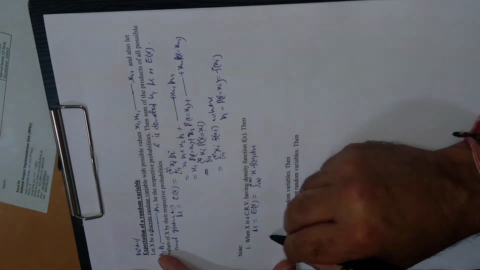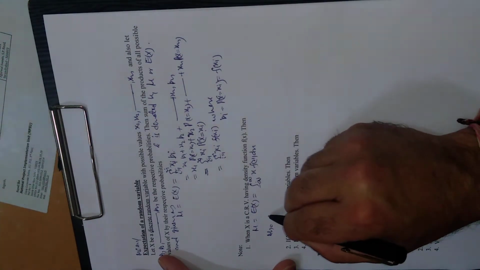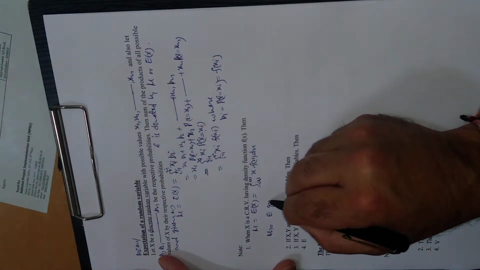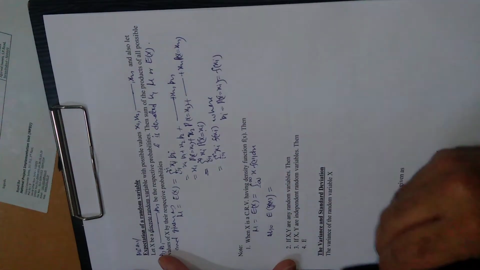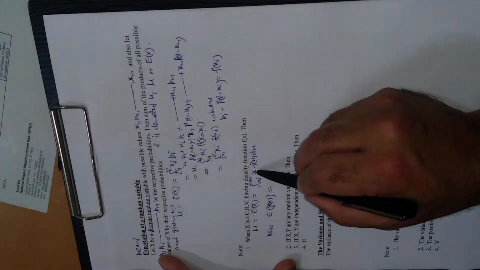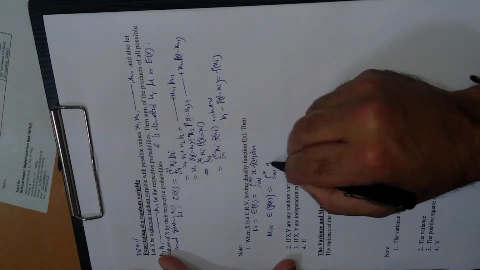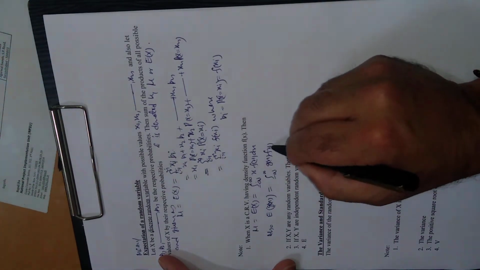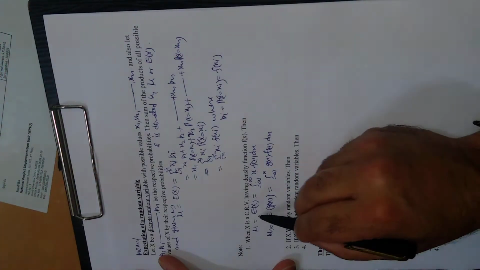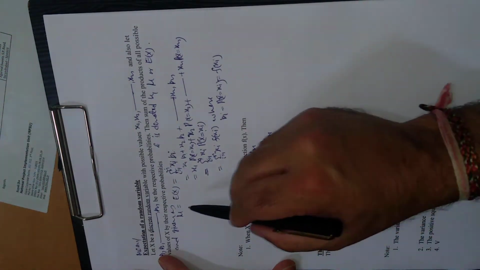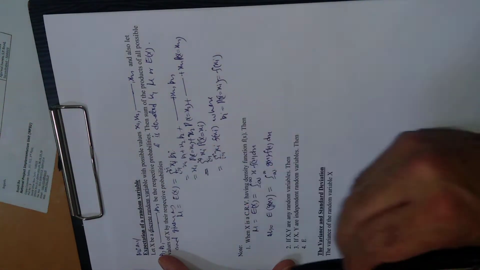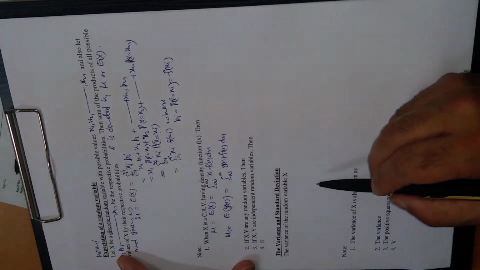Rest is the same. Also the expected value of g of x can be generalized from here. If there is x, then g of x means there will be g of x: integral from minus infinity to infinity of g of x f of x dx. So this is the mean for a continuous random variable and this is the mean for a discrete random variable.